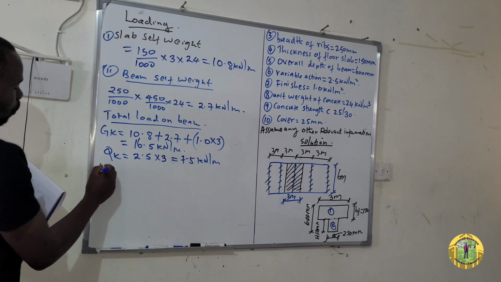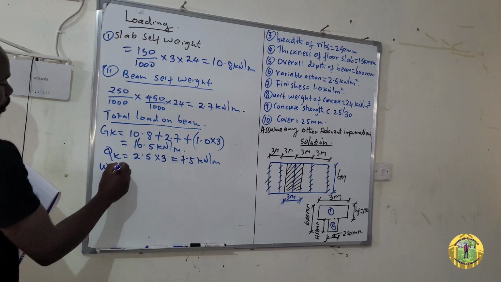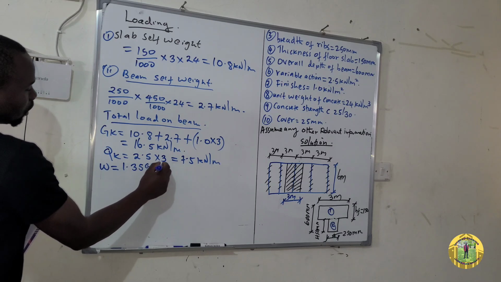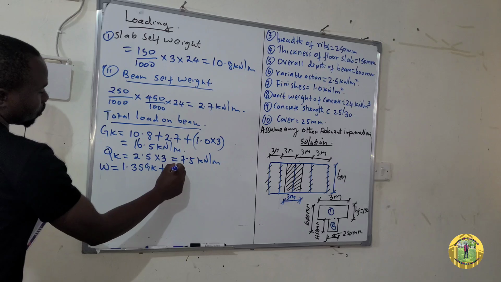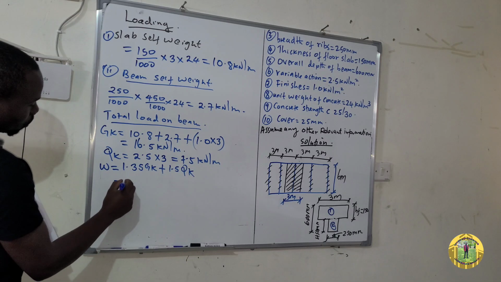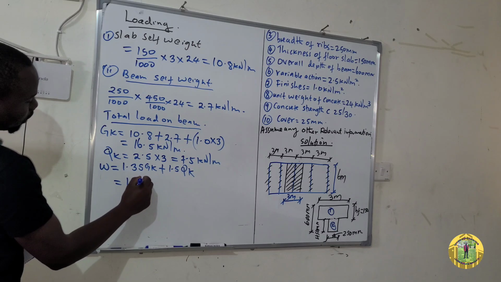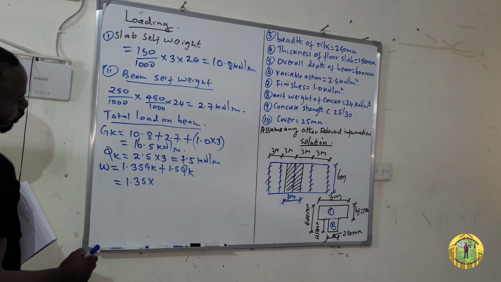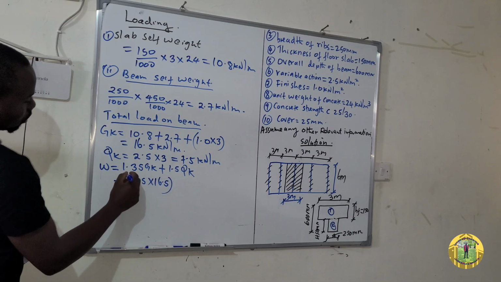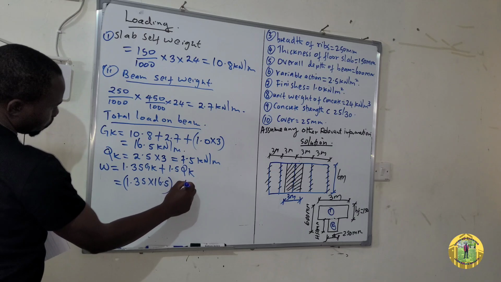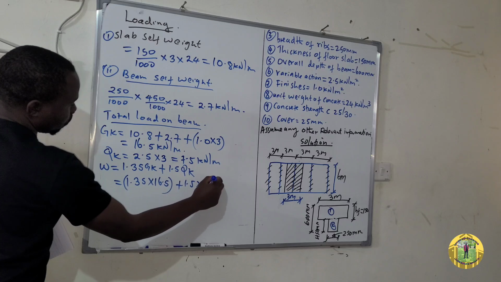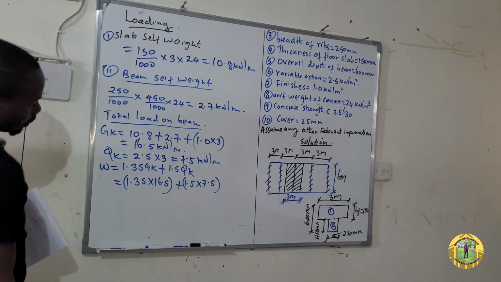So design action load, which is W, is given by 1.35 GK plus 1.5 QK. So this one is equal to 1.35 times GK, which is 16.5, then plus 1.5 times QK, which is 7.5, like that.